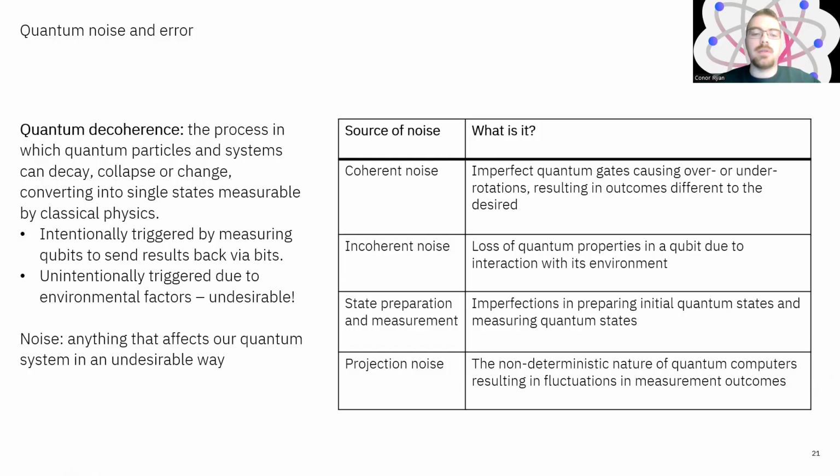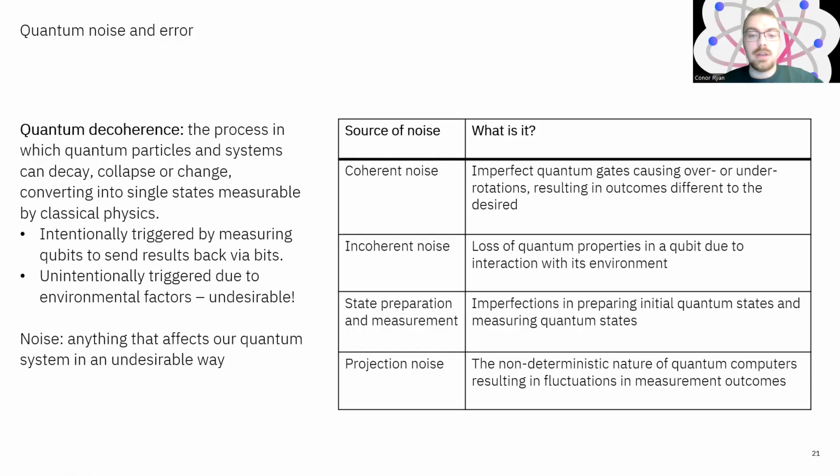Then we have incoherent noise. Where we have coherent noise, we know if we under or over rotate, we could detect this error and perform the operation to rotate the state where we need it to be. That is why it is coherent. No information is fundamentally lost. It is just an error in the performance of the operations we wish to do.